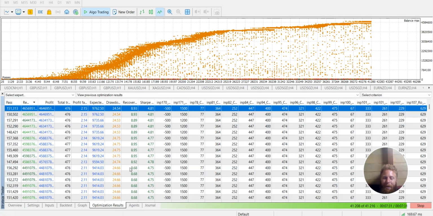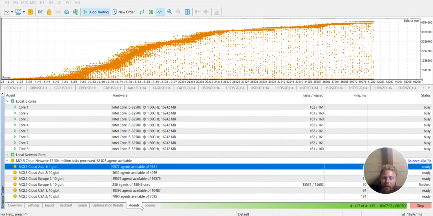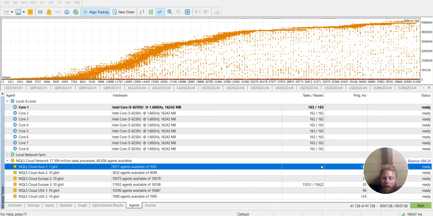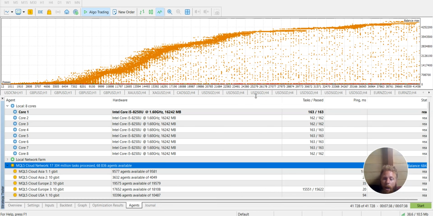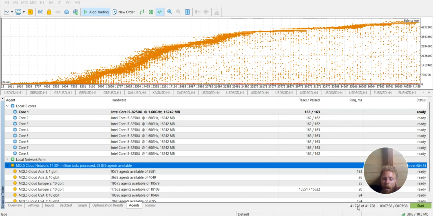Yeah, it's a bit crazy, but we are going to see how much the MQL5 Cloud Network with heavy usage is going to cost. Yeah, it cost around $50 for this, and it is 20 years of optimization and 40,000 passes. With every tick data, it would be so much higher that it's crazy.